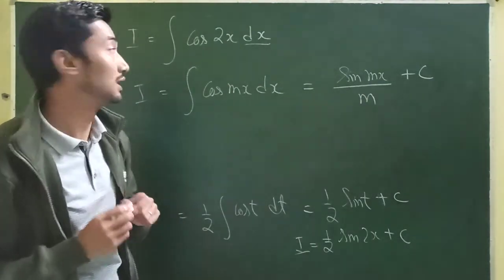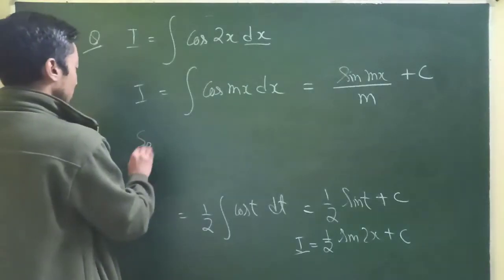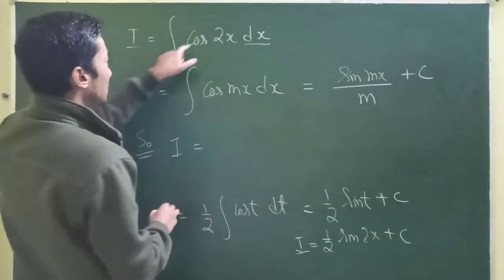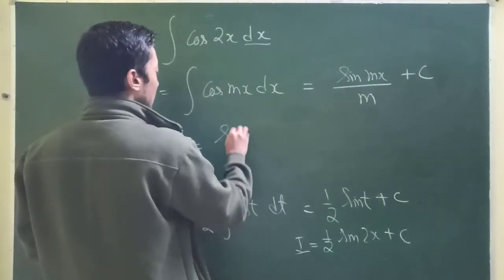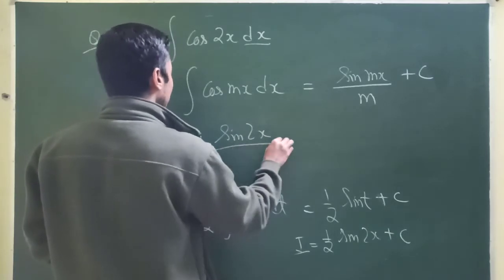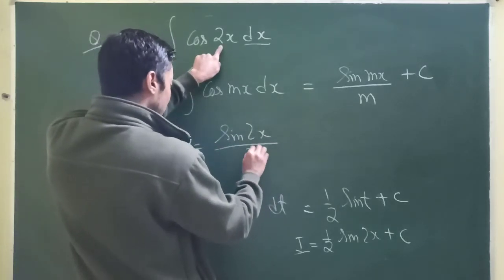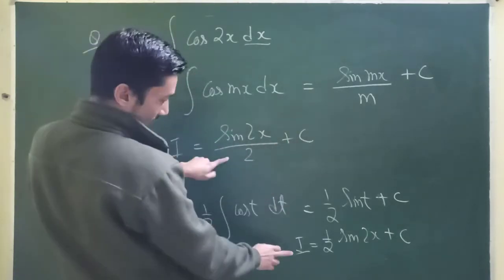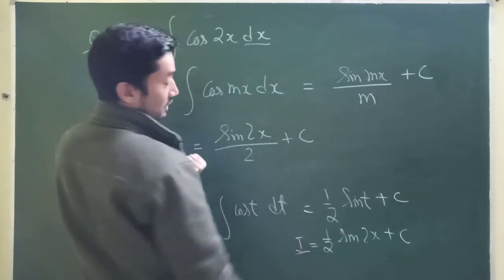You get the solution. Let's check again. So this is the second part. Integration of cos 2x will be sin 2x, but I'll divide by the coefficient of x, that is 2, plus c. That's fine. 1 by 2 sin 2x plus c.